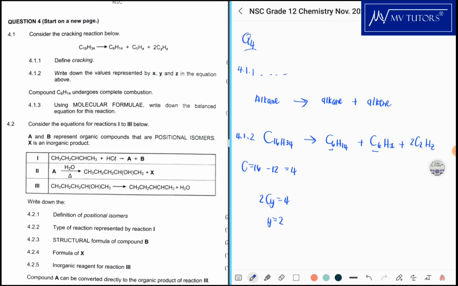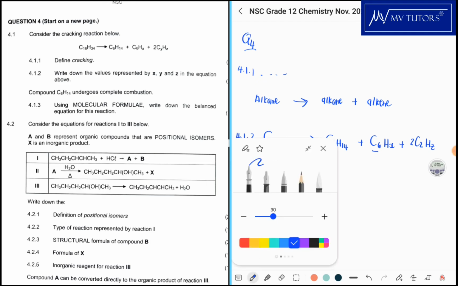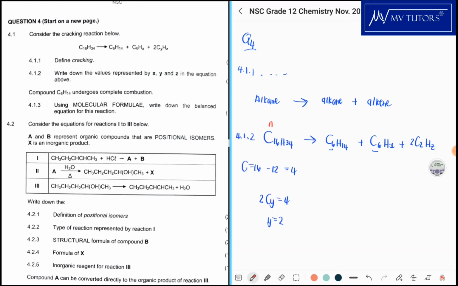So we have C2. Now when it comes to X, do you see here we have an alkane? Let me just use a different colored pen. So here we have an alkane, and I see here we still have an alkane. I'm expecting here for us to have alkenes, more useful. Remember, according to the definition, we want smaller, more useful, unsaturated compounds.